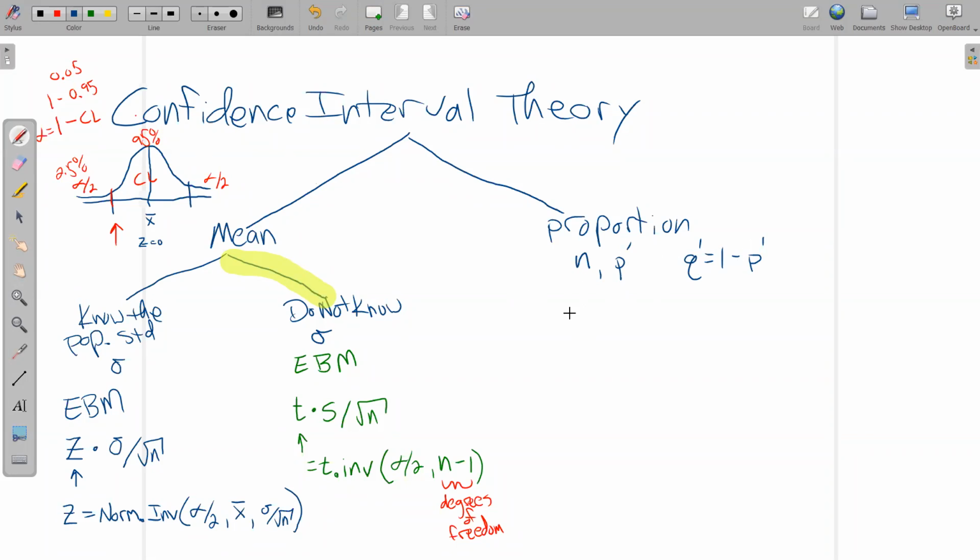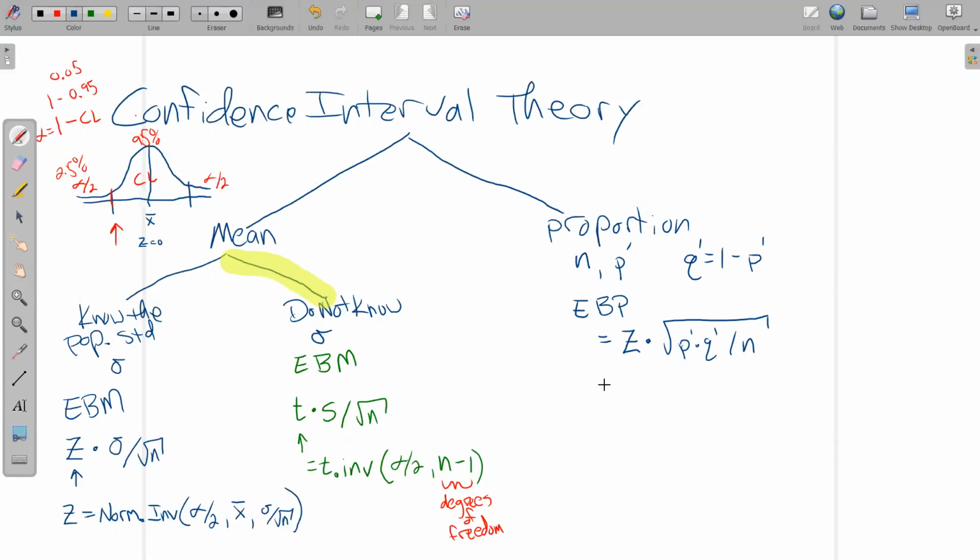So if we're working on a proportion, then we're going to calculate the error bound on a proportion, and that's going to be kind of like the first one here. It uses a z-score, so we'd have to find the appropriate z-score, and then we multiply that by this crazy square root, where we take p prime times q prime and divide by the sample size. And all of that, p prime, q prime, sample size, has to go inside the square root there.